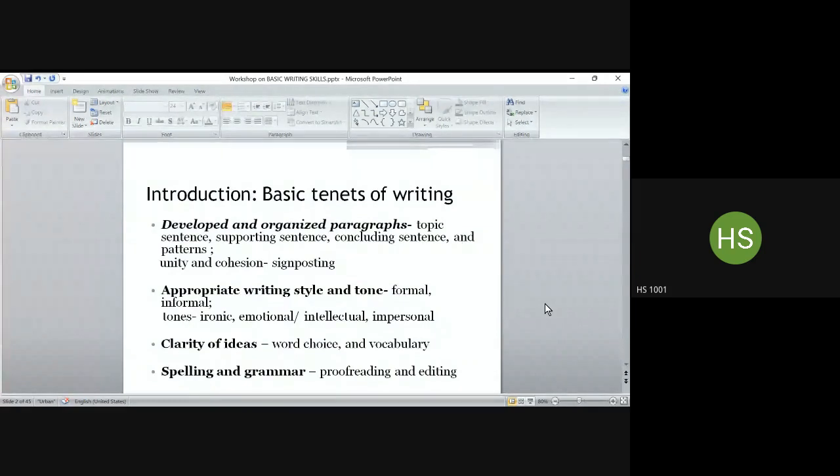And clarity of ideas is mostly brought about through the word choice that you make to write it and also the vocabulary. Word choice and vocabulary, they go hand in hand. A better thing to say while you're talking about writing would be word choice than vocabulary. But I thought it would be a new thing for all of you, which is why I just added vocabulary. Otherwise, you can just say word choice and leave it at that. That's fine.